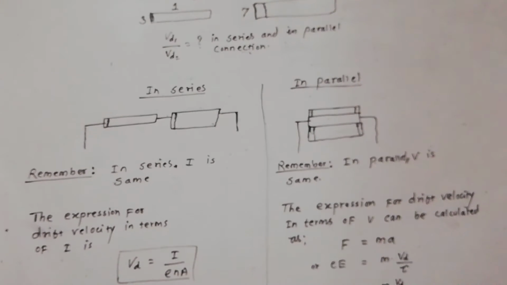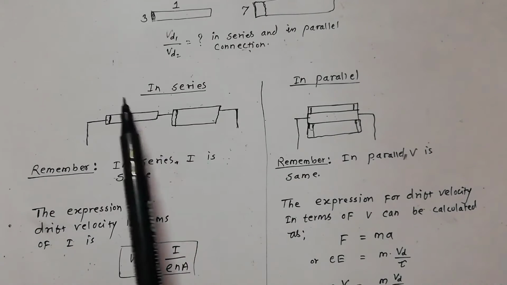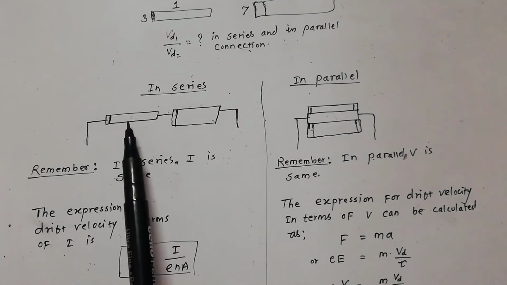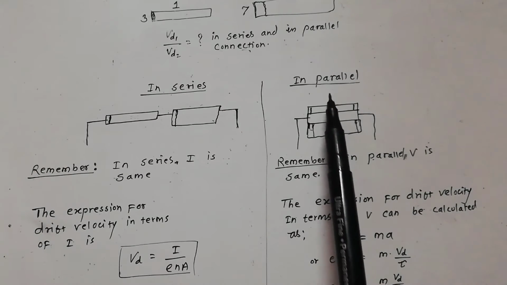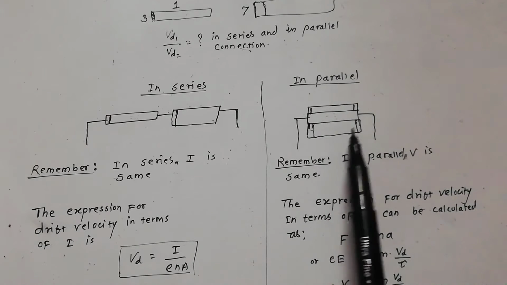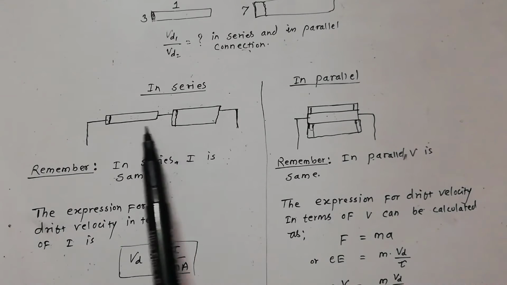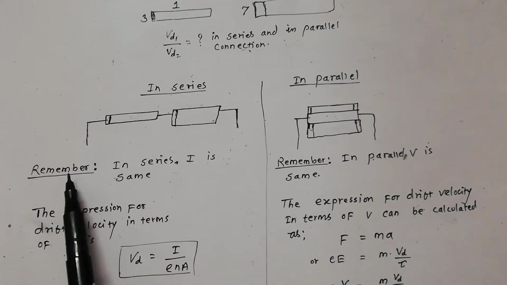Now here is the solution, which is very simple, and this is the series connection. These two conductors are here connected in series, and these two conductors are connected in parallel here. So this is the series connection, because in series connection I is the same, you should remember that.